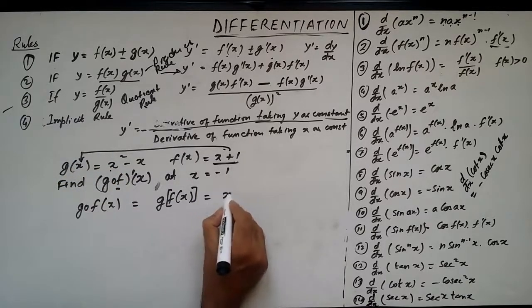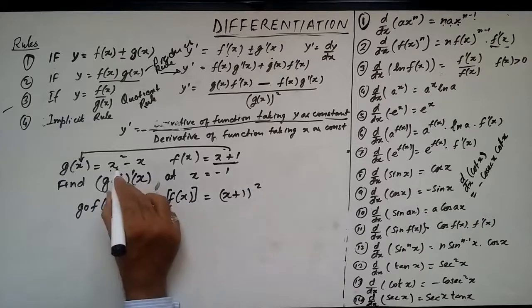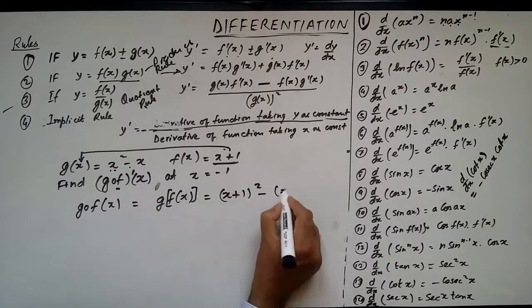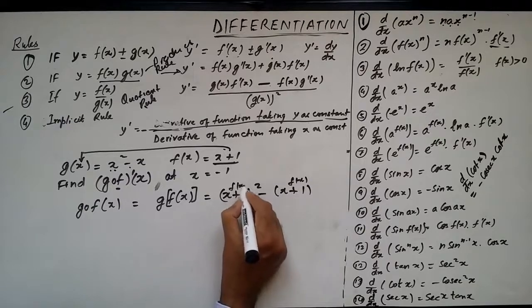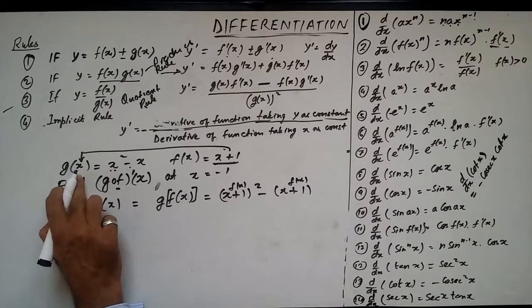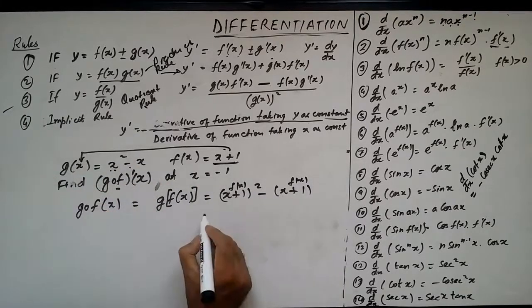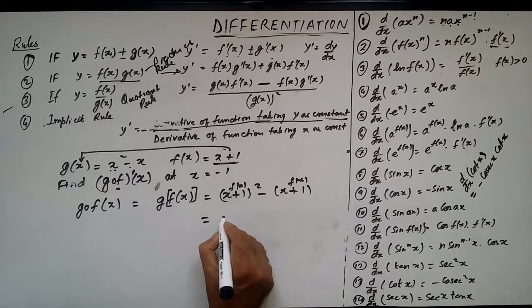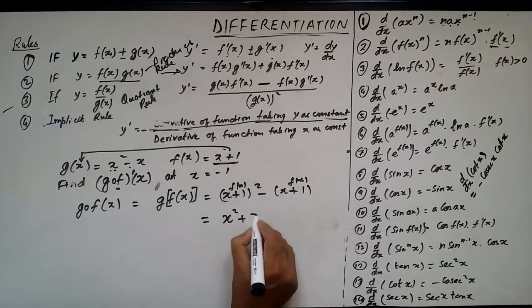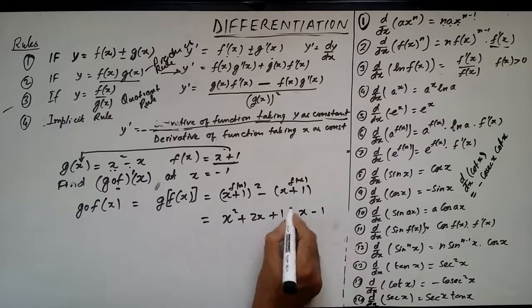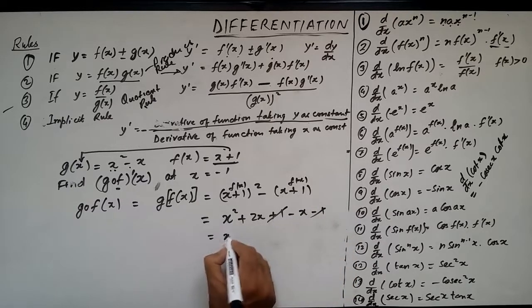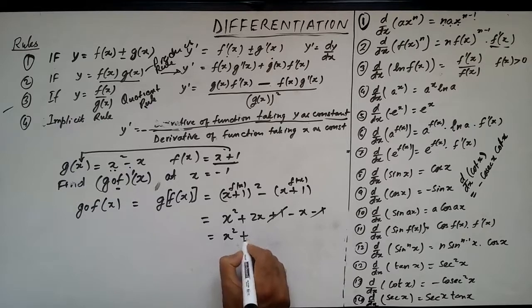So it will become (x plus 1) whole square minus (x plus 1). We have put the function f(x) inside the function g(x) as an input variable in place of x. If we expand it, this is x squared plus 2x plus 1 minus x minus 1. The 1 and minus 1 cancel off. So the answer is x squared plus x.